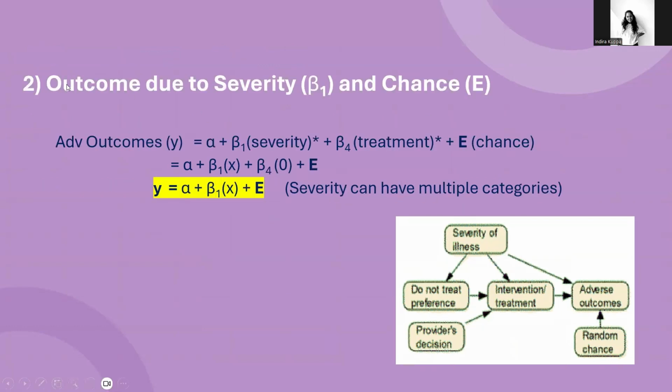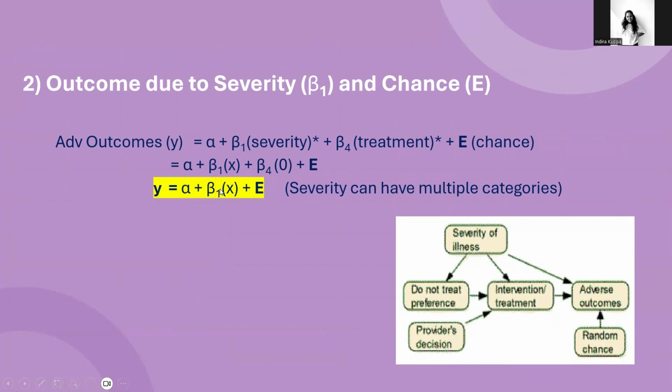Coming to the second instance, the outcome is due to severity and chance. Here, adverse outcomes Y will be alpha plus beta 1 severity, beta 4 treatment, plus chance, as we can see through the network. Here, we assume severity not to be zero. That is, it can have multiple categories as we have discussed before.